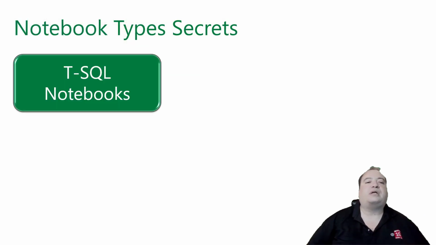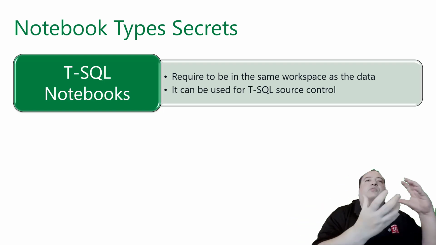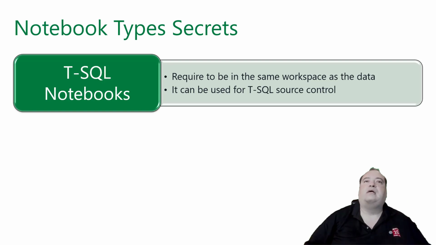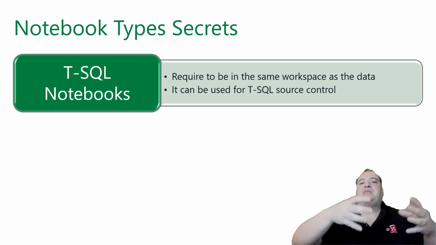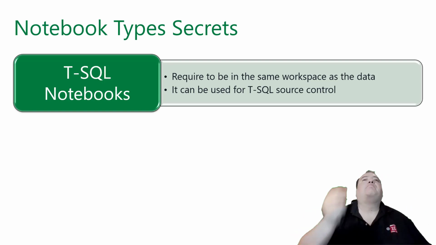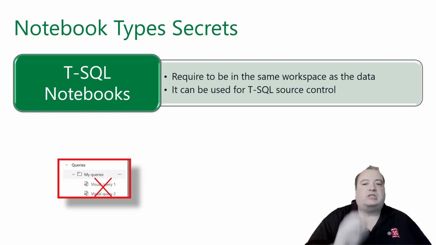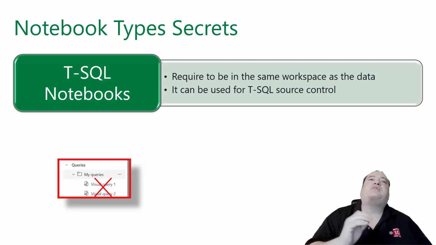Let's talk about that. The T-SQL notebook. The T-SQL notebook requires to be in the same workspace as your data. It's a limitation that Fabric still has. Put the T-SQL notebook in the same workspace as your data. But an advantage is that it can be used to make source control of T-SQL code.